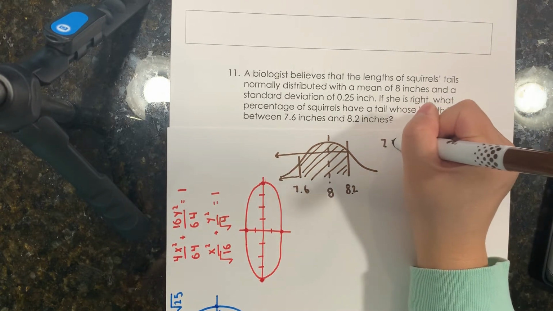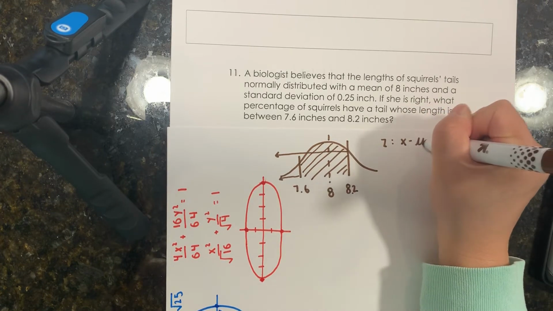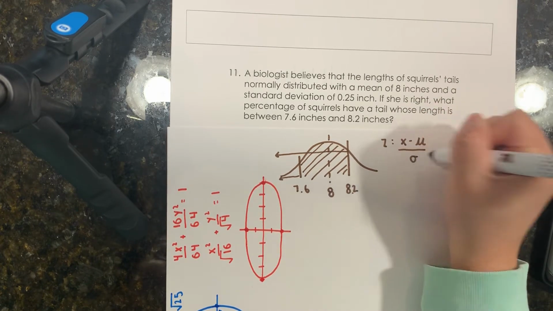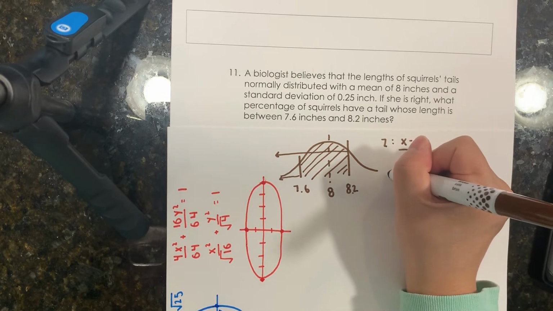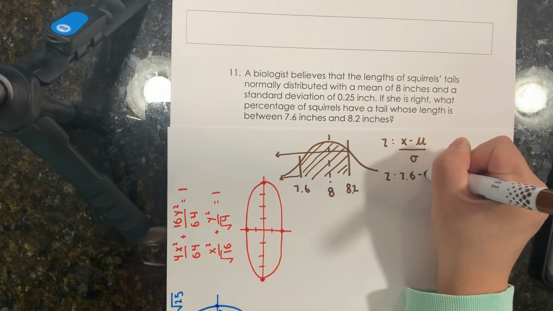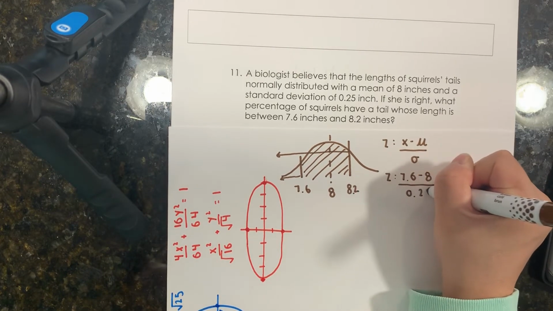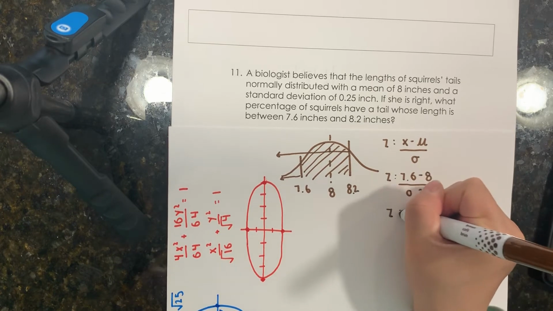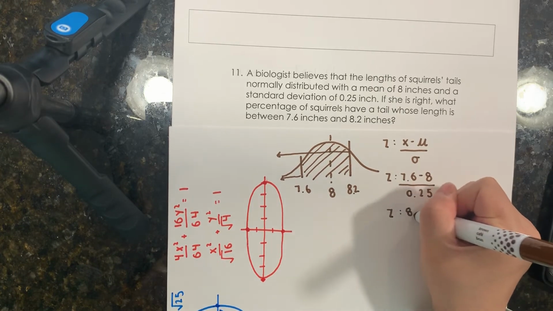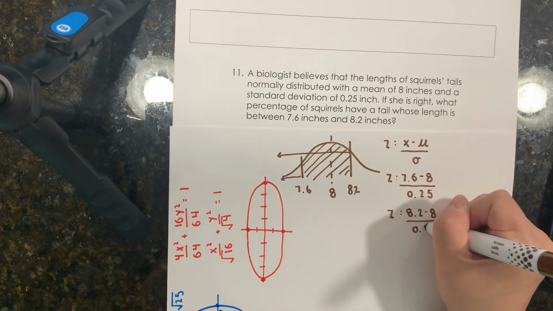We're going to calculate the z-score for both, which is x minus the mean divided by the standard deviation. So for the first one, the z-score is going to be 7.6 minus 8 divided by 0.25. And the second one is going to be 8.2 minus 8 divided by 0.25.